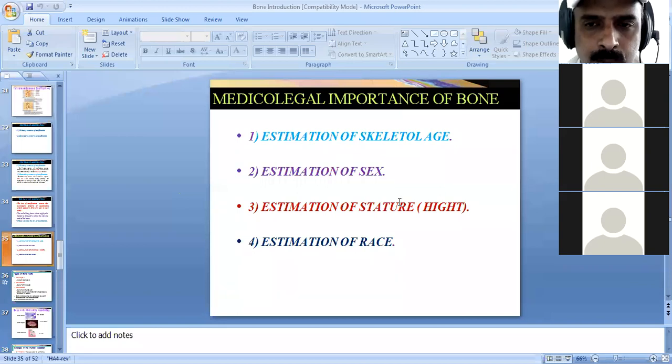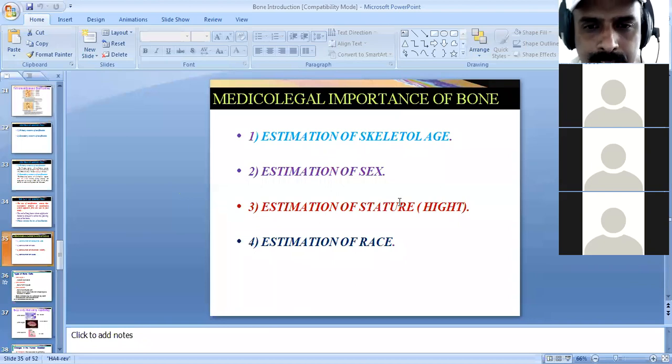Sex: as you know, the bones of the male are solid, very heavy, with a rough surface area. If they have a smooth appearance and are lighter, they belong to females. Estimation of the stature: taking the total femoral length, we can guess the total body height of the person.